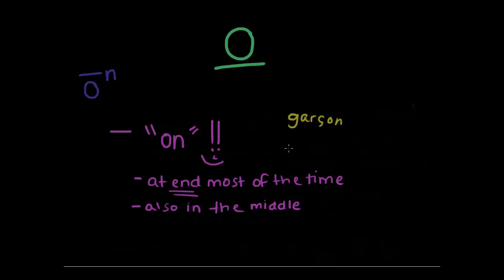There's floraison. Just do a couple more. There's really a lot, so let me try and think of one with it in the middle. Chapon, brouillon, there's so many. Malmaison, demi-mondaine's one in the middle here.